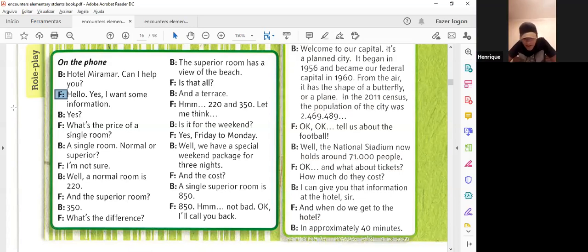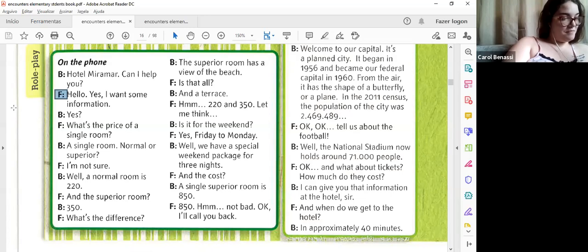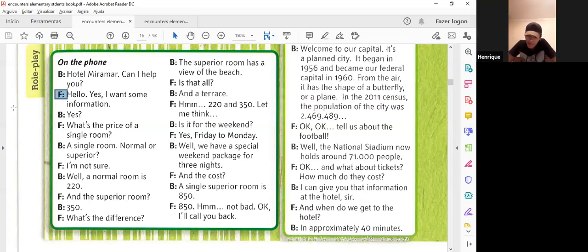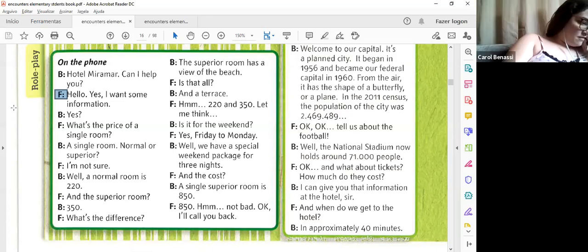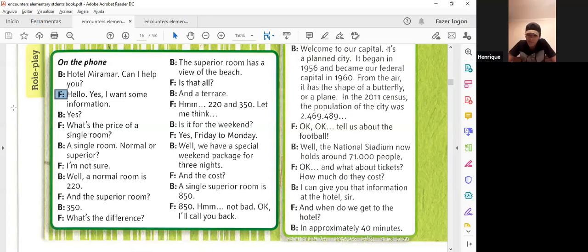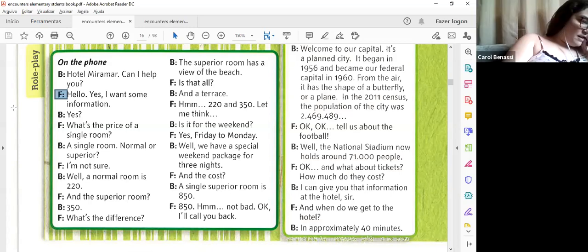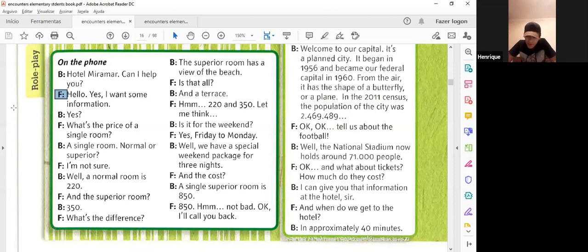What's the difference? The superior room has a view of the beach and a terrace. 220 and 350. Let me think. Is it for the weekend?